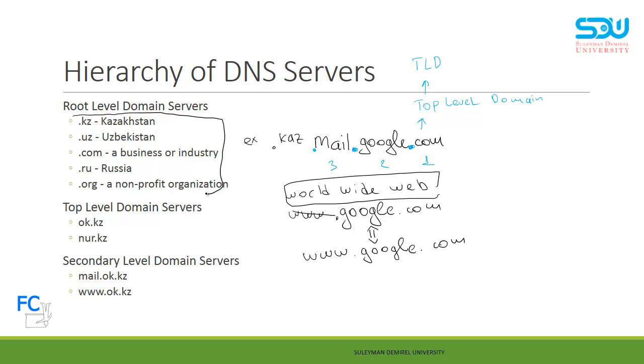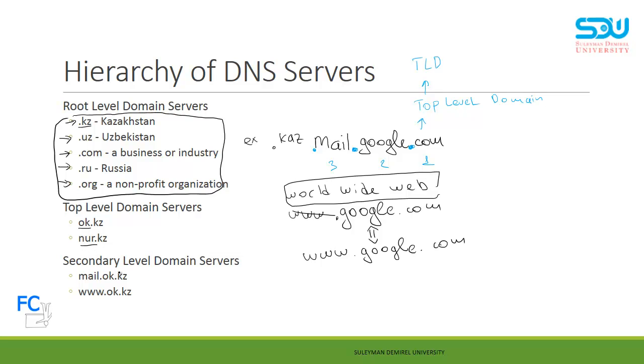So they know all about the servers which are storing information about different TLDs, for example, all servers responsible for the Kazakhstan domain zone. And the top level domain servers know about all the servers of the secondary level domains, like OK, NURKZ or SDUKZ and etc.